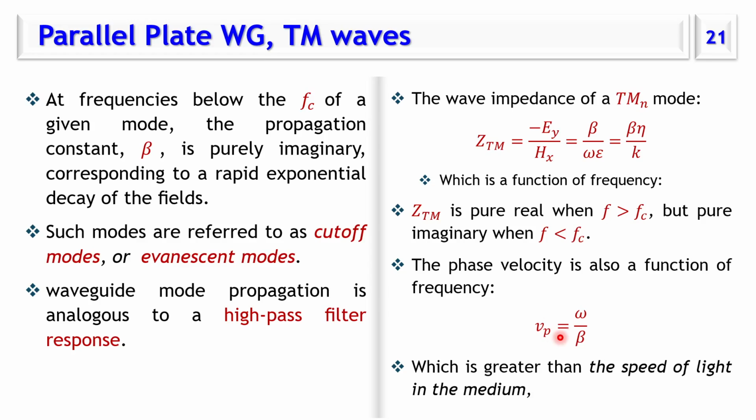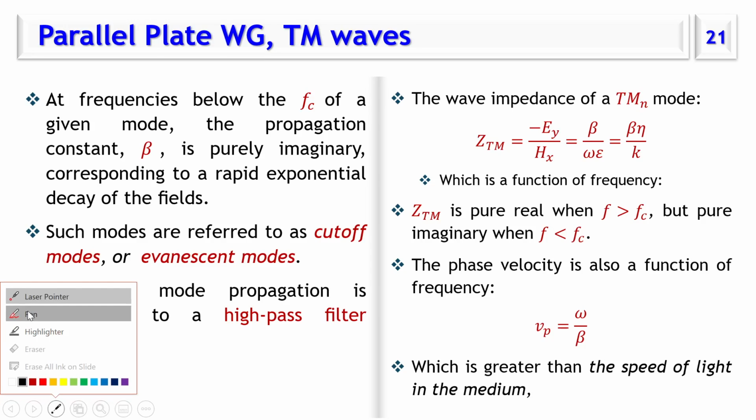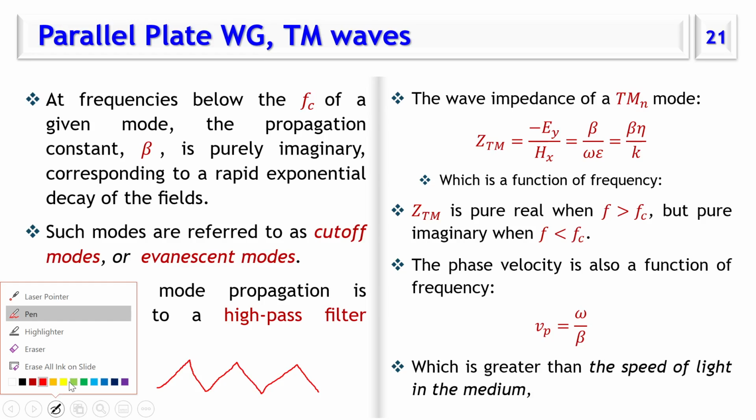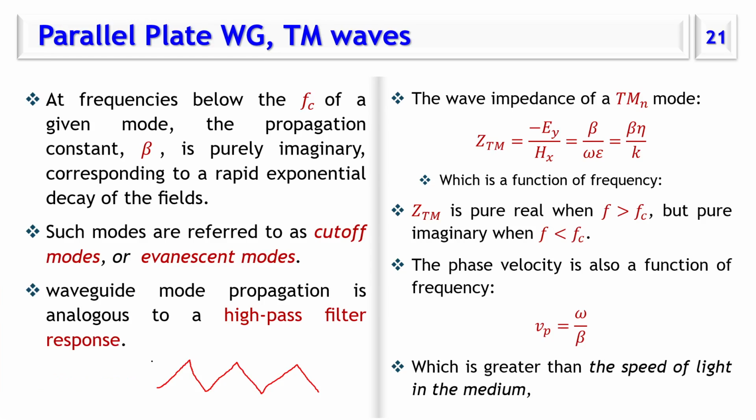So this is the phase velocity, because this is confusing many people. How come we have something greater than the speed of light? What is greater than the speed of light is the phase velocity, because you can see that the wave is propagating between the two plates this way.